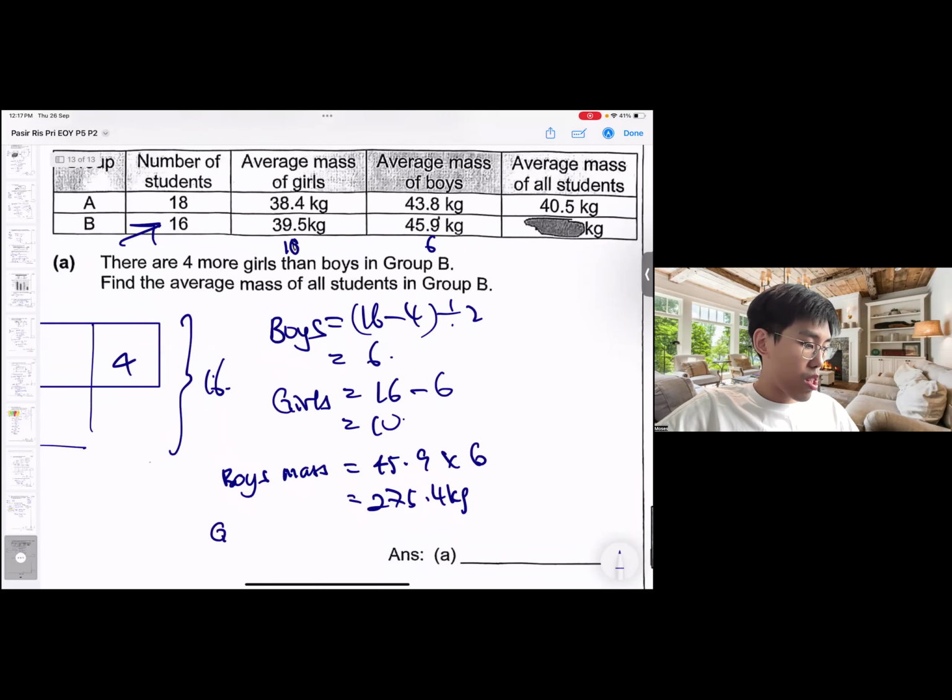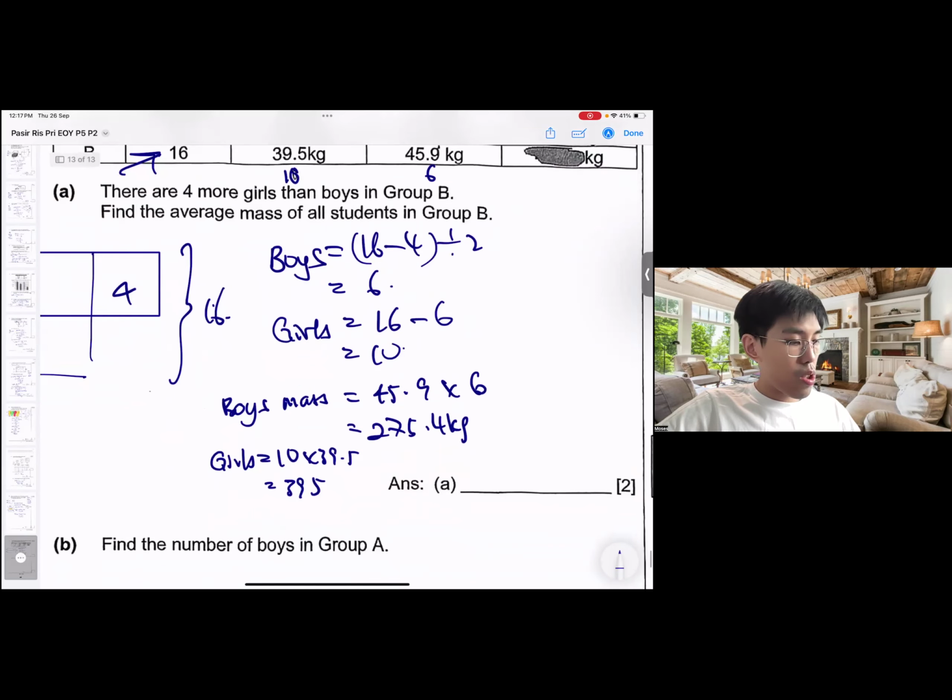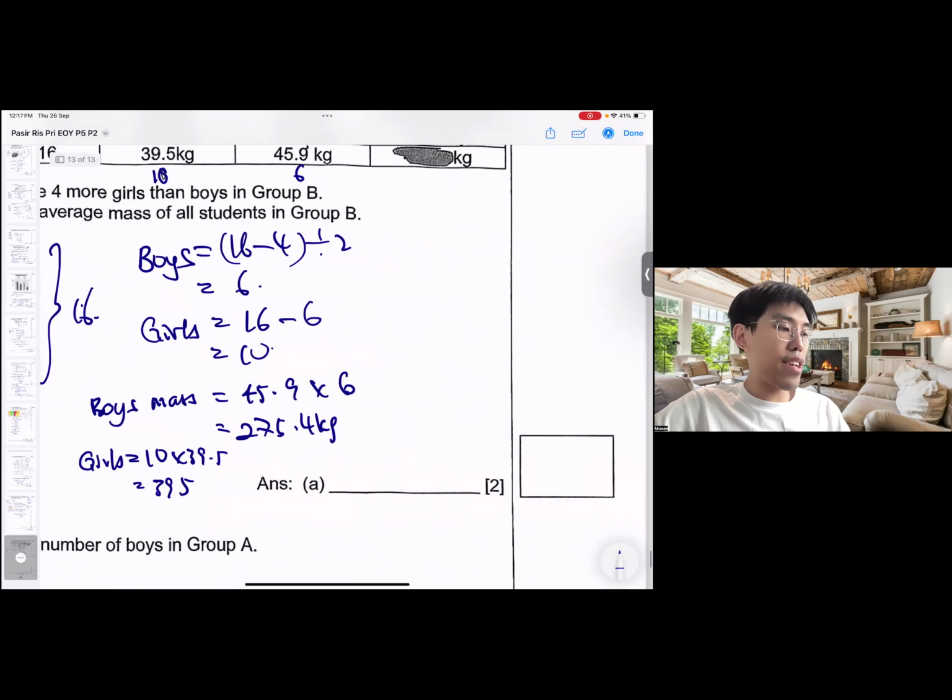Then the girls, 10 times 39.5, which is 395.